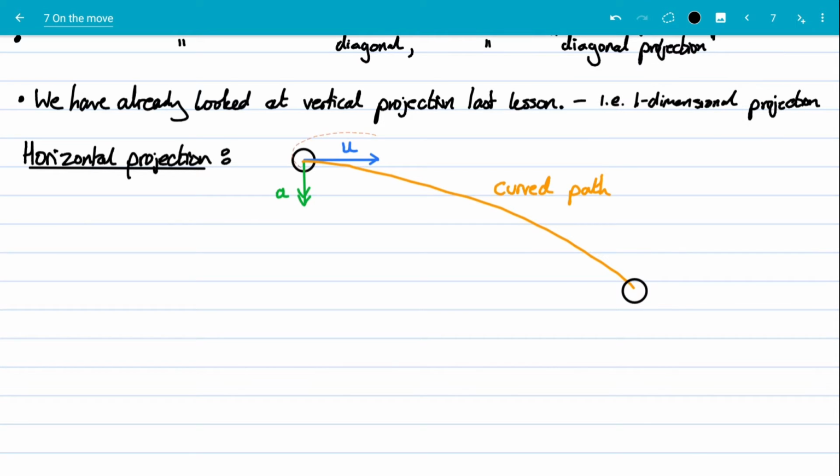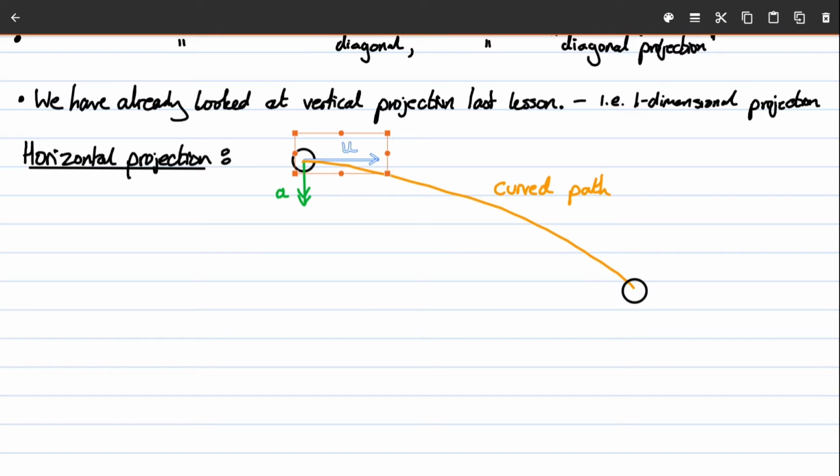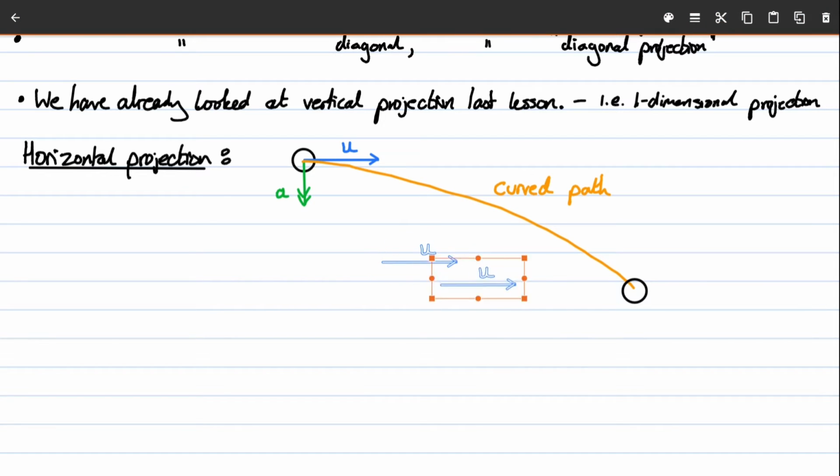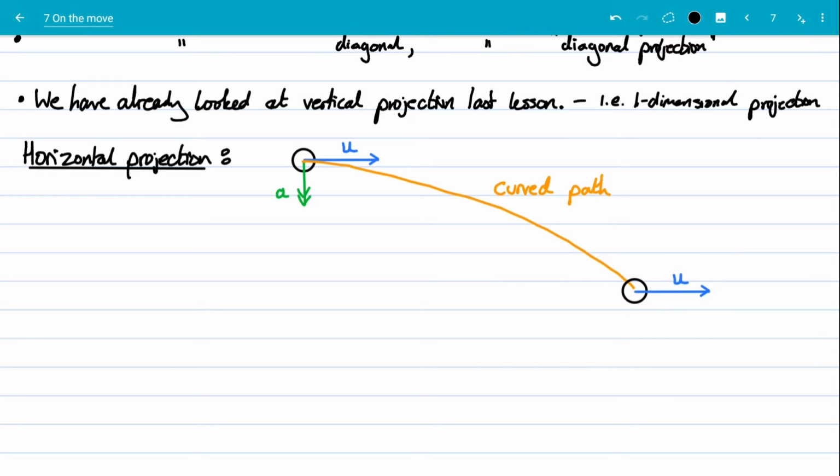Well, the horizontal component of velocity has not changed. The horizontal component of velocity is exactly the same as what it was before. But we've now gained some vertical velocity.